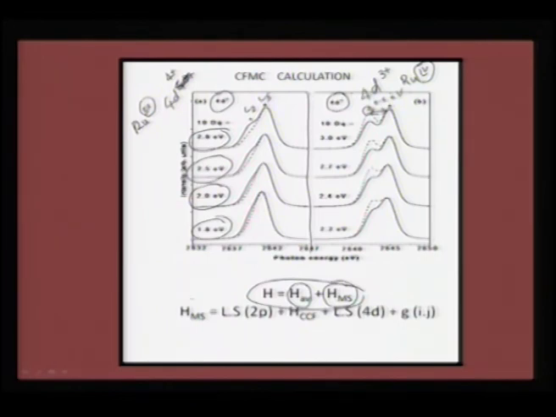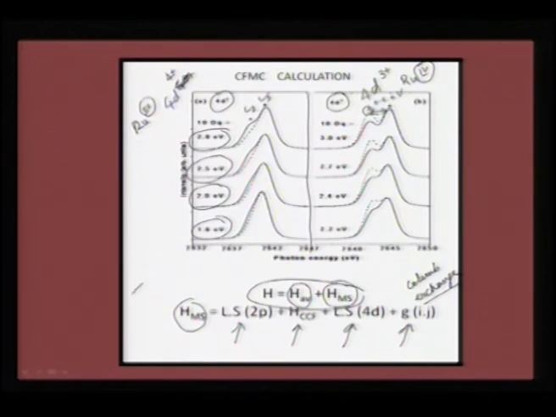This Hamiltonian MS is coming both from the LS coupling of your 2p electron, the LS coupling of your 4d electron, and your cubic crystal field contribution, and also from the exchange integral and the Coulomb integral of your electrons, that is from 2p to 4d. This contribution is coming from your Coulomb and exchange integral, and this exchange integral Gij is what we call the Slater integral.